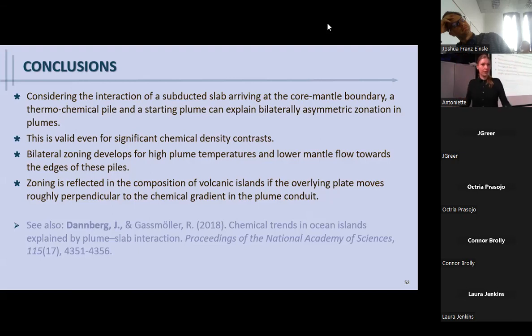If plumes carry this dense material, the density depends on which depth you are at. Below 660, the basalt would actually be less dense than the rest of the mantle, so the plumes might speed up, but then above that they might slow down. So there are different things that could go on in the transition zone, and they could filter some of the material, some of the composition, and influence what you would then actually see at the surface.